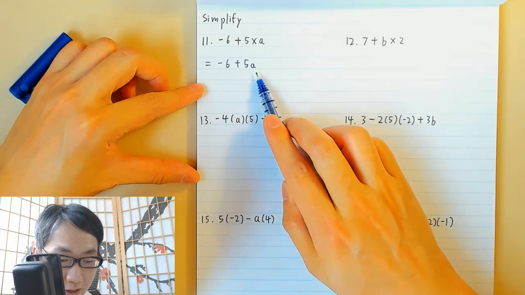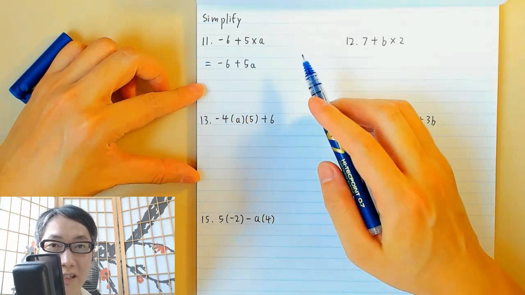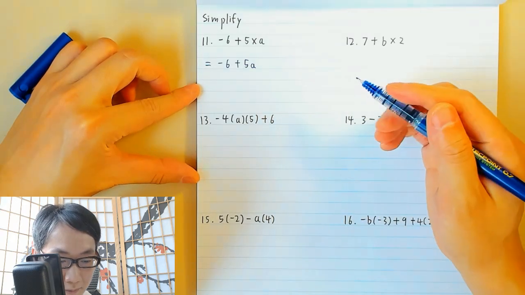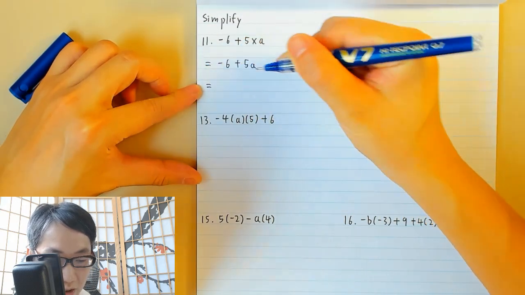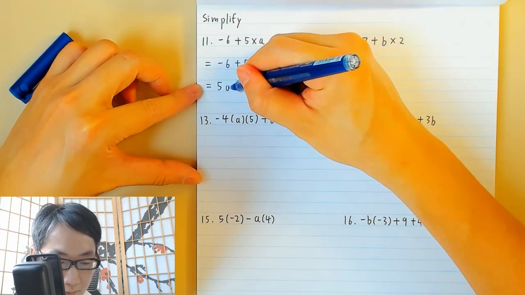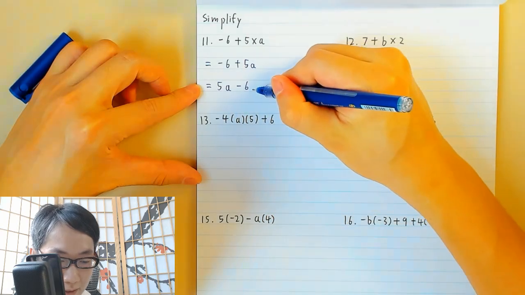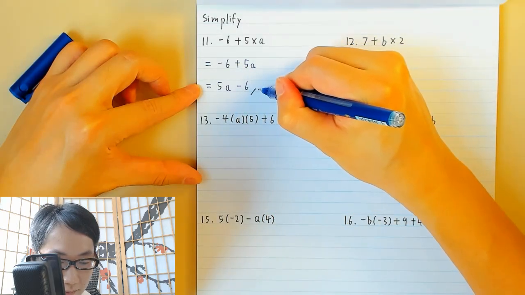Or positive 5a means positive 5 is multiplied by a. Okay? Doesn't matter if a is positive or negative. And finally, we rearrange because the unknown goes first. First term now becomes second term, and we have the answer.